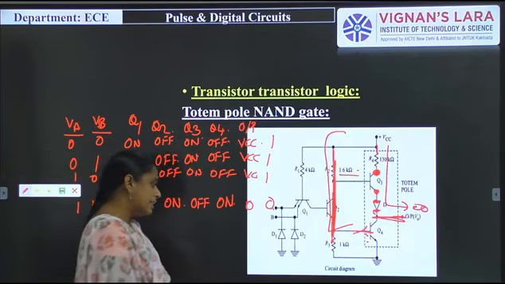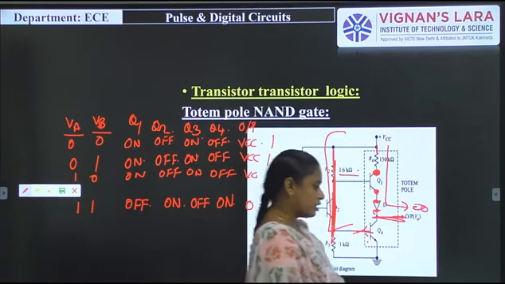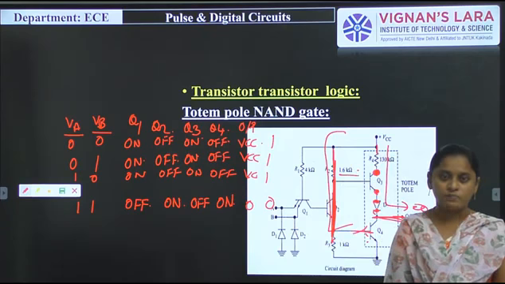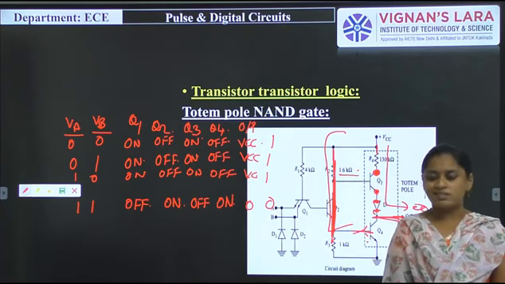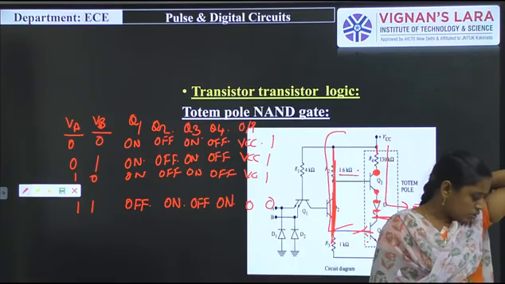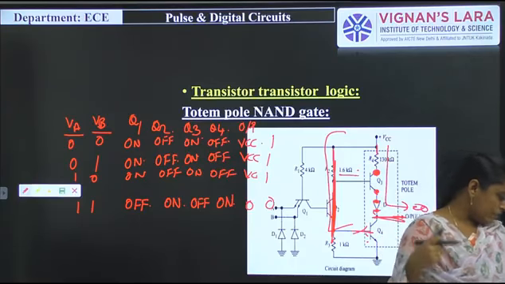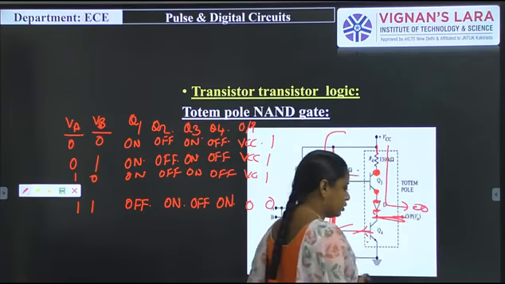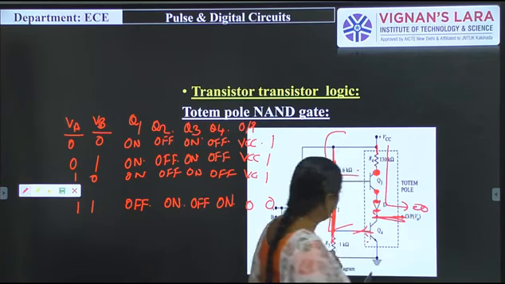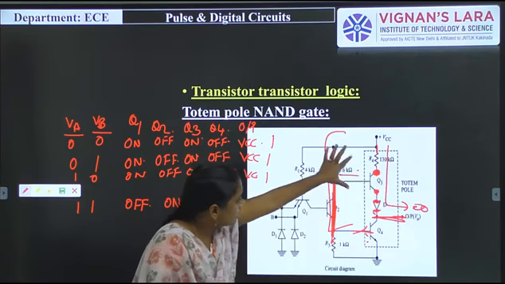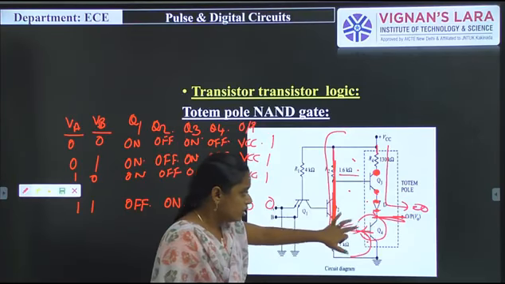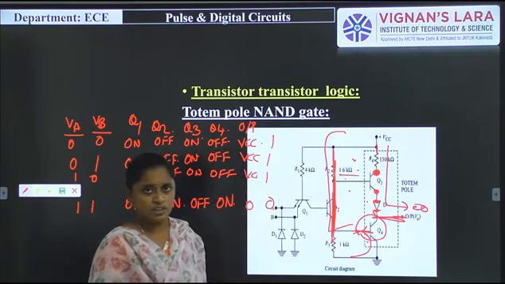But here it has some advantages. What are the advantages of the totem pole? That is power dissipation. Coming to the totem pole connection, the power dissipation is very less. Coming to the disadvantages of the totem pole connection: during the transition from low to high, Q4 is somewhat slow compared with Q3.